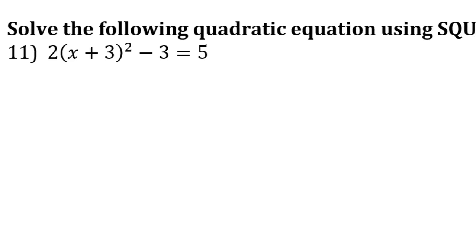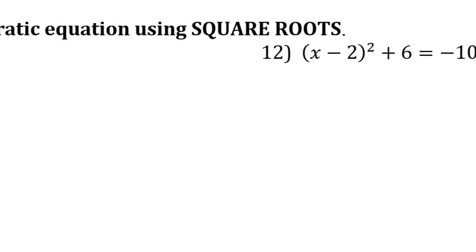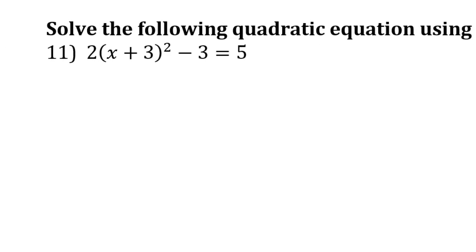Okay, we're supposed to solve these next two problems using square roots, which is what you would naturally do anyway. So what you want to do is get the parentheses by themselves first. So you would add 3 to both sides like this. That's going to give you 2 times x plus 3 squared equals 8.